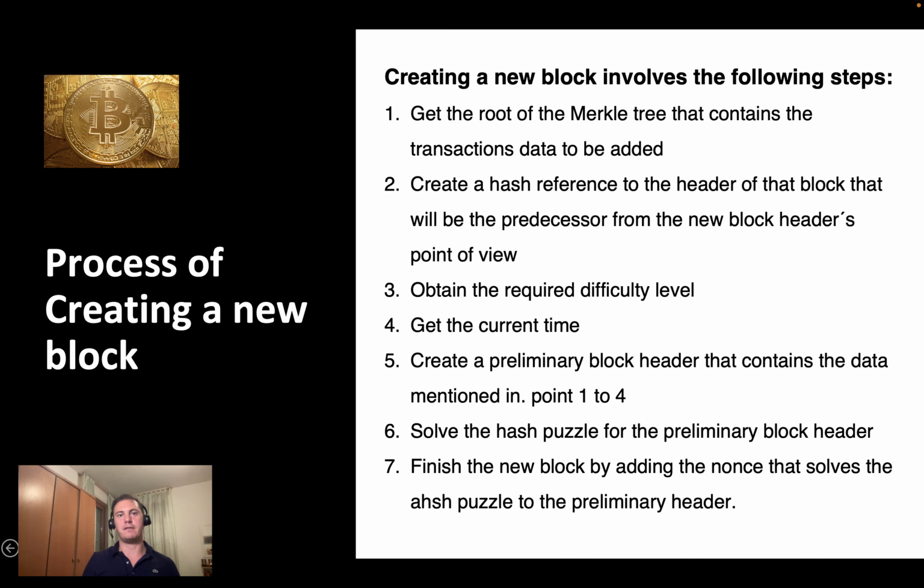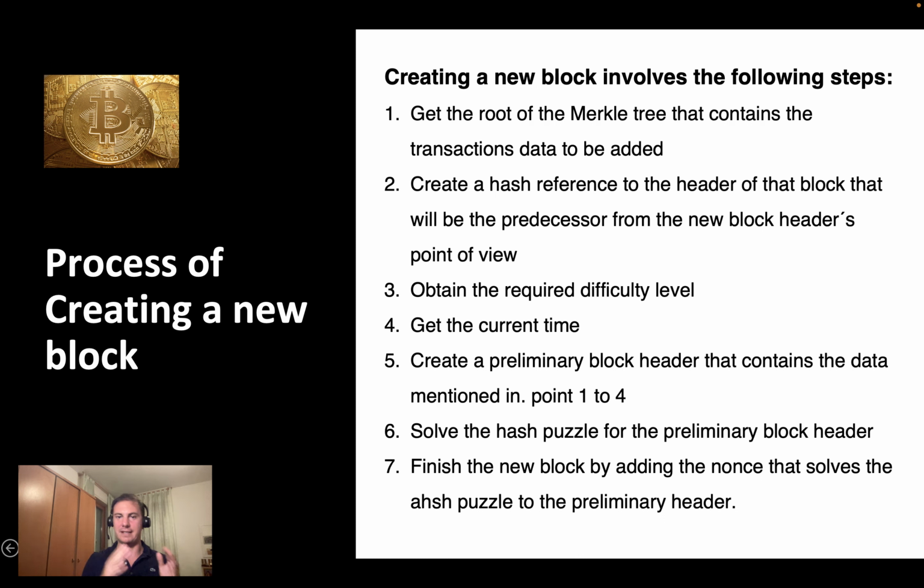It involves the following steps. Firstly, get the root of the Merkle tree that contains the transaction data to be added, and I will come back to the Merkle tree later. Then create a hash reference to the header of the block that will be the predecessor of the new block header. So in order to create the current block, you need to have the hash reference of the previous block. So the previous block has to be created. Then obtain the required difficulty level that is clear for everyone.